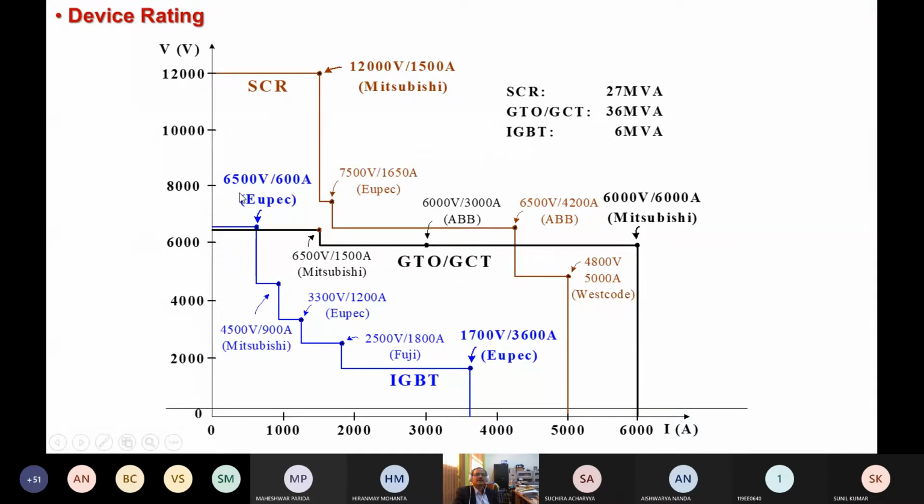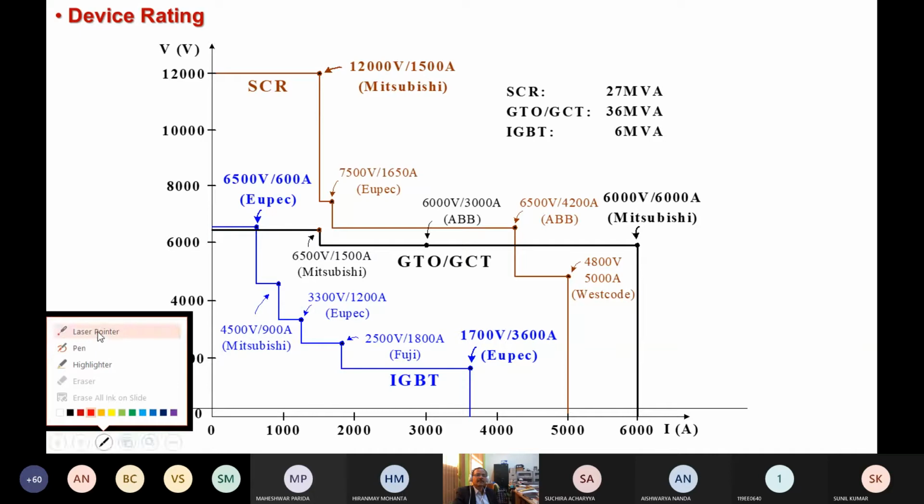And this is your IGBT. IGBT of about 6500 volt, 600 ampere are being developed. Okay. GTO, gate turn off thyristor, having very high ratings of 6000 volt and 3000 ampere.